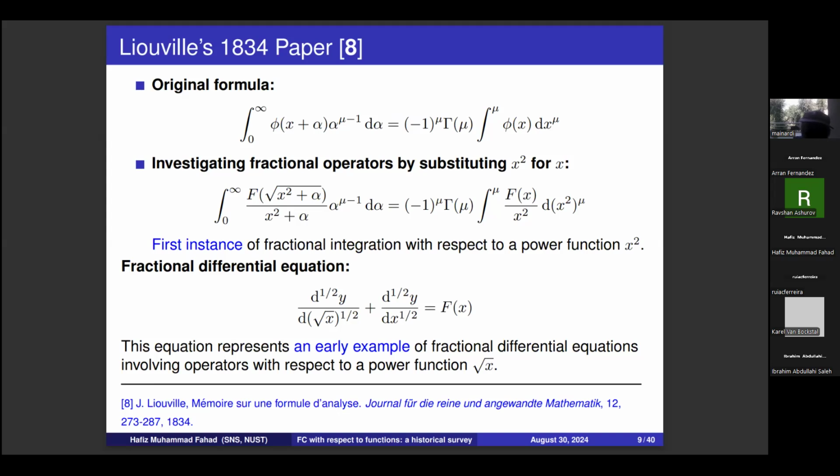Liouville also presented an early example of fractional differential equations involving operators with respect to power functions such as square root x. So these contributions were foundational in expanding the scope of fractional calculus with respect to any invertible function.